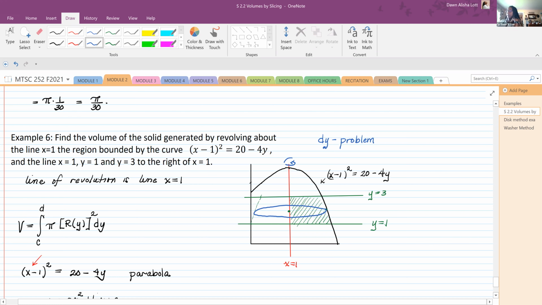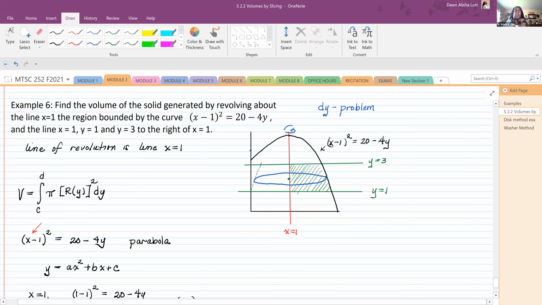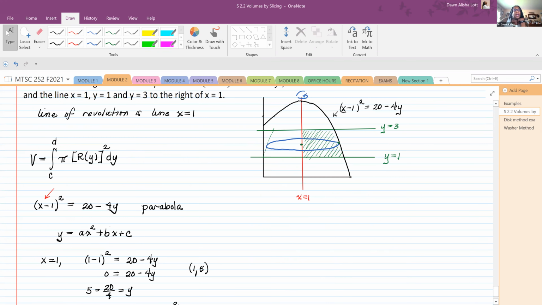And there's my disk. So now I have the disk method. I already knew that. So now I just need to find my radius. So the radius of the disk is right here.